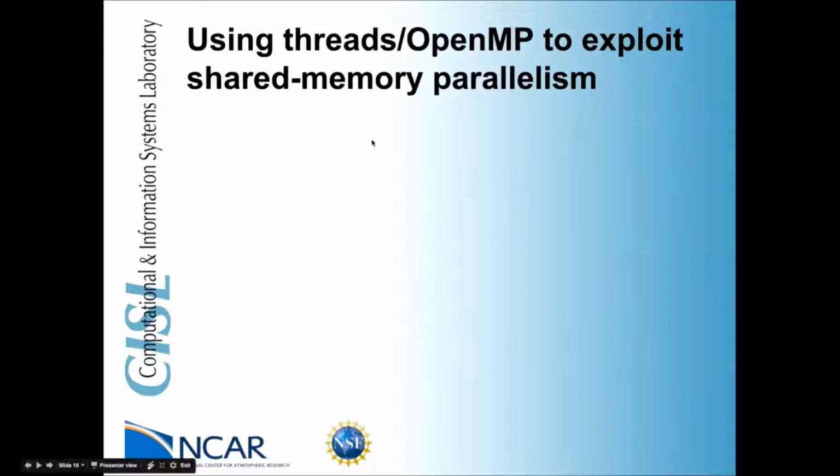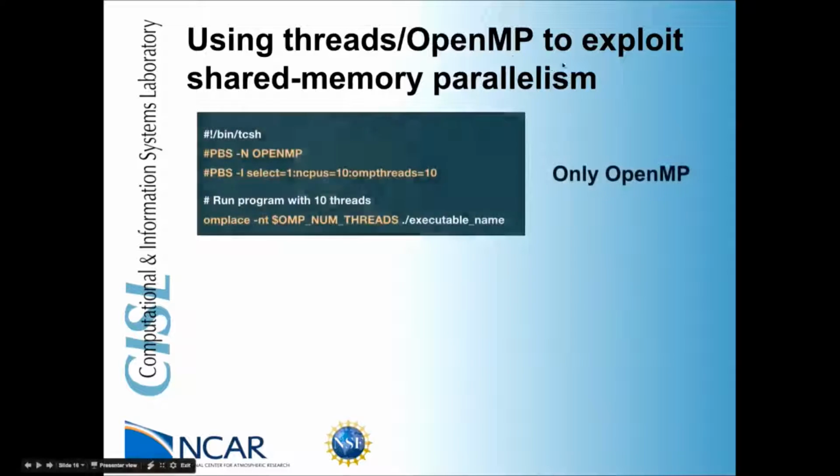So again, just some examples of using different types of parallelism. If I want to use threads, either P threads, POSIX threads, or OpenMP threads to exploit some shared memory parallelism, here's an example of how to set up a job script to do that. Now, of course, my program needs to be compiled with the OpenMP library first off. But once I've done that, if I want to set this up to work in a job, I can do this PBS resource request. I'm requesting one node.